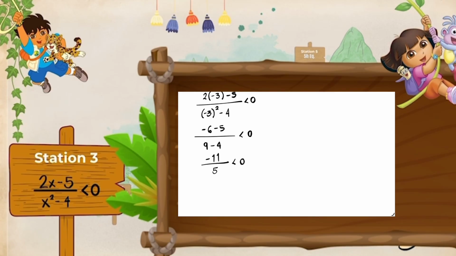One is negative and one is positive. That means it's negative, and the negative number is less than 0. So it's true.